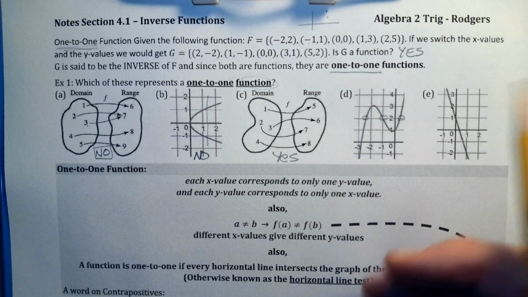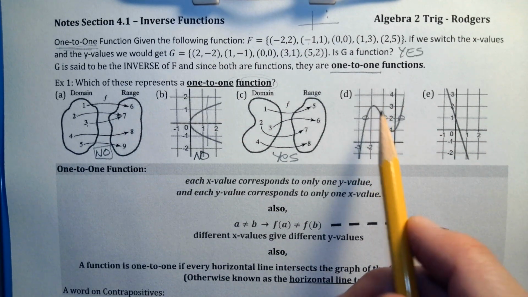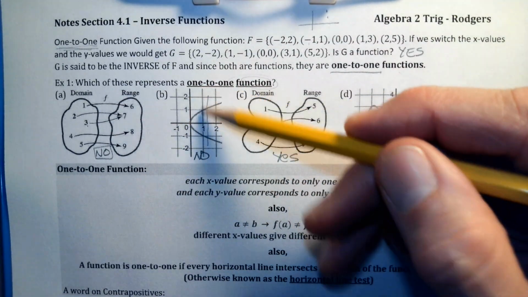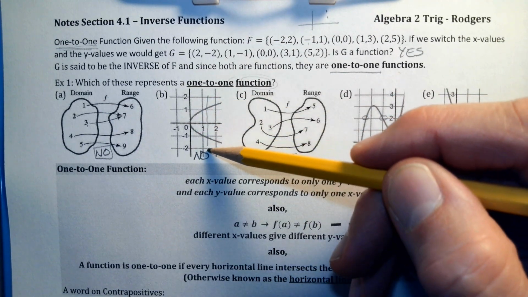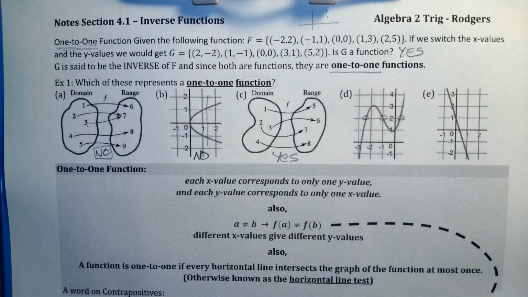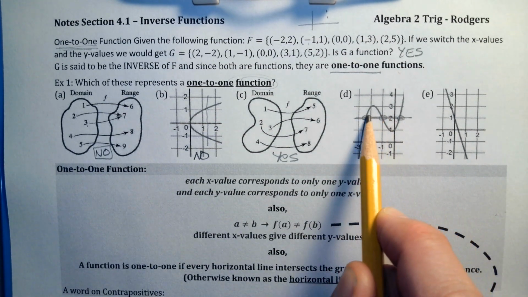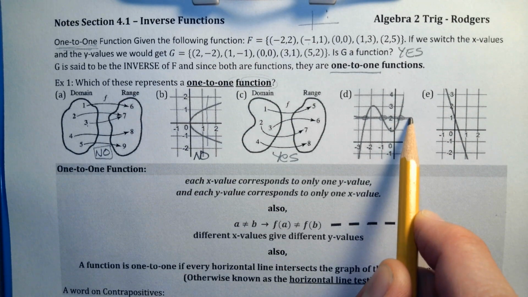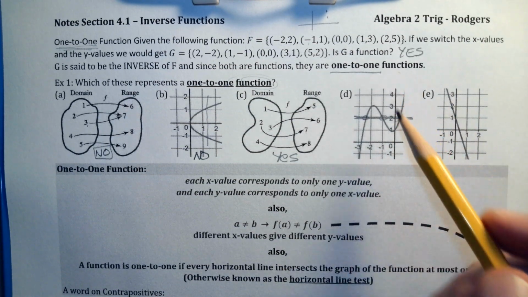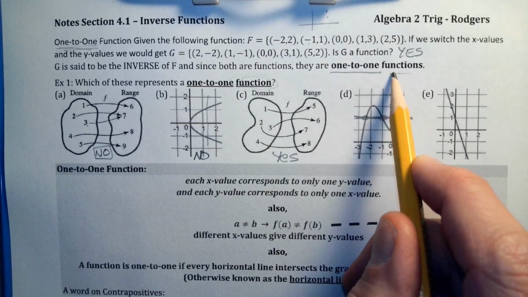Okay? So we'll talk about it more down below, but think about it this way. We talked about that vertical line test to see if it's a function. This is a function, but is it one-to-one? Well, we also have a horizontal line test. So in order for a function to be one-to-one, it has to pass the vertical line test just to be a function.